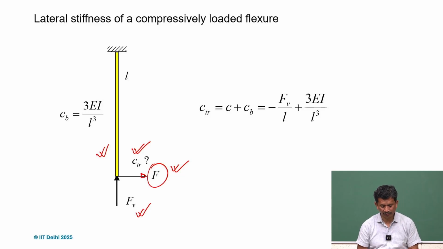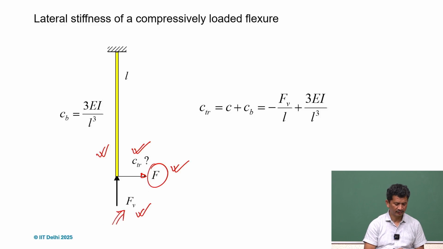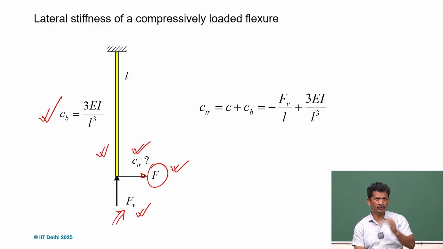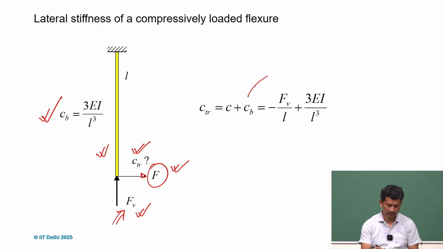What will happen? There are two stiffnesses working. One is the stiffness because of the preloading, and the other is the bending load. F will try to bend it, so positive stiffness, Cb, which in this case for a cantilever is 3EI by L cubed, which is positive.